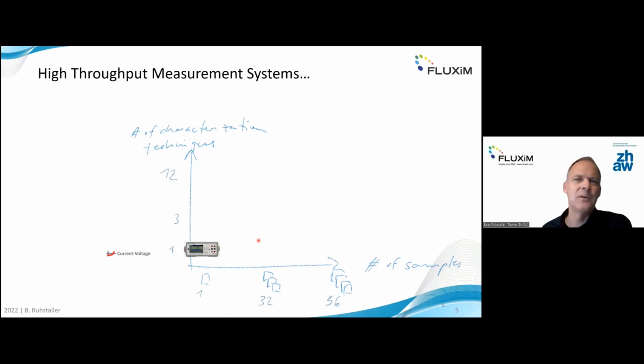So let me start out with high throughput measurement systems. You know that the traditional way of characterizing solar cells is just to take a JV curve, which you can do with a source measure unit, and you may just hook up one cell. But then there are more interesting measurement techniques that can provide more information, like pulsed techniques.